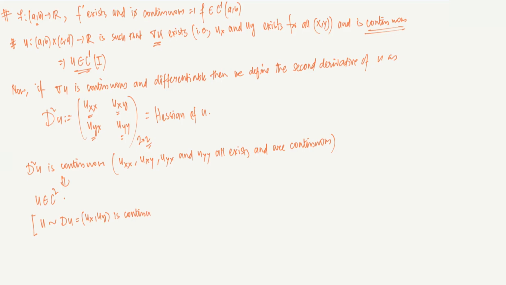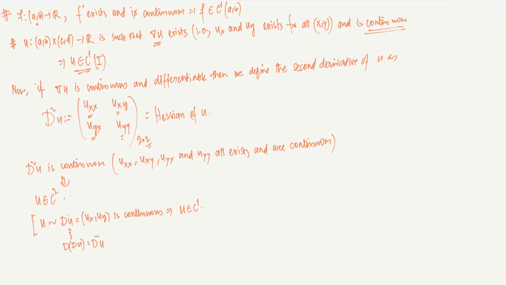That will imply that u is C1. Now, if the derivative exists, is continuous, and the derivative map is also differentiable, then we can talk about d of du, which is d2 of u.